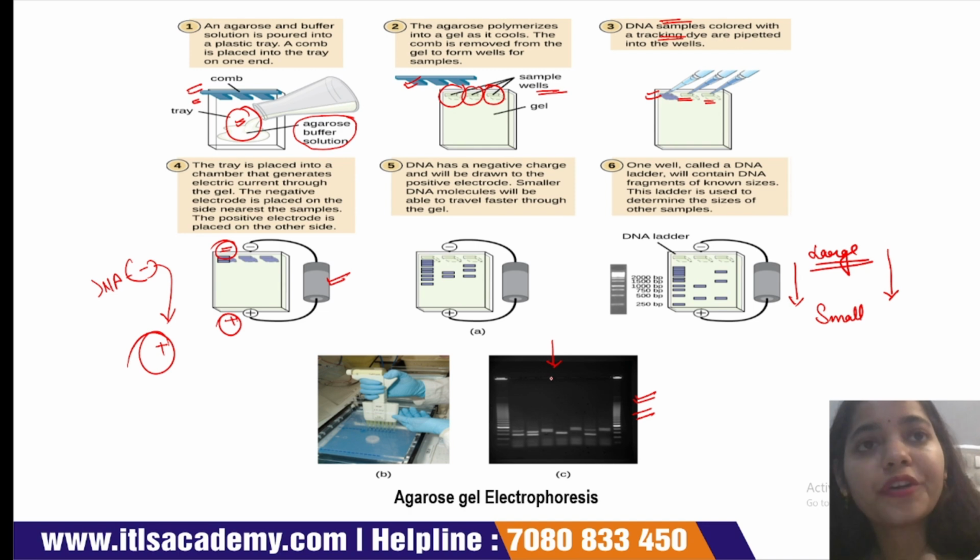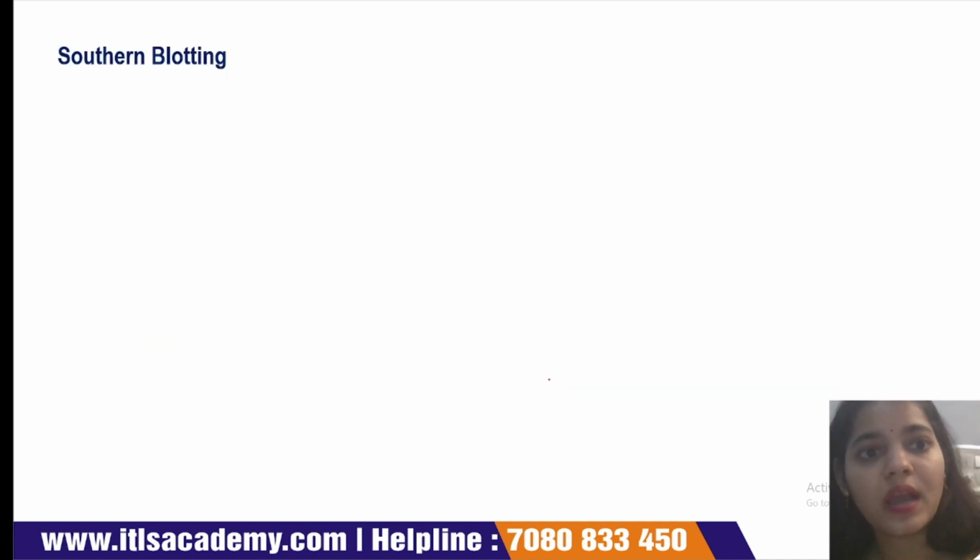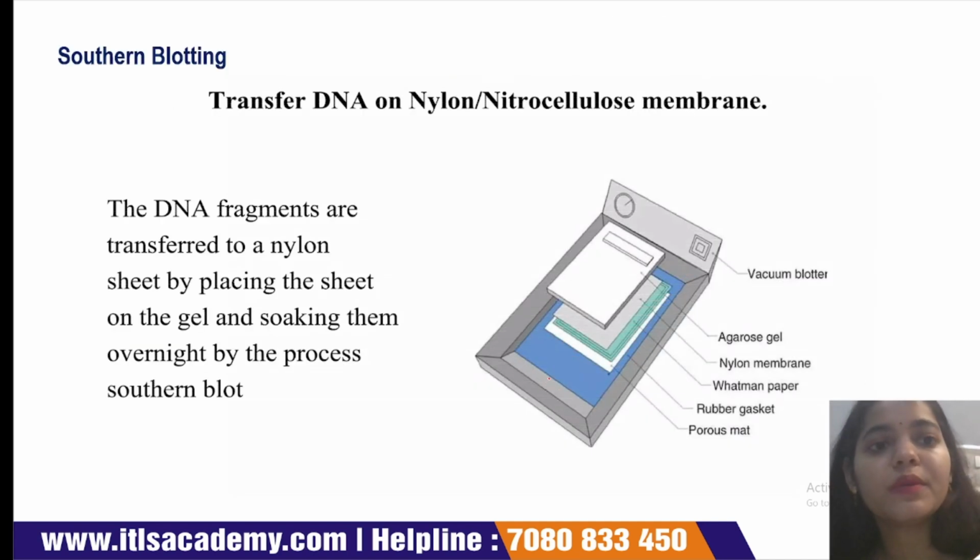That's why we transfer these bands onto the nylon sheet or the nitrocellulose membrane. After this, we perform the Southern blotting. Here we transfer the DNA bands onto the nylon sheet.